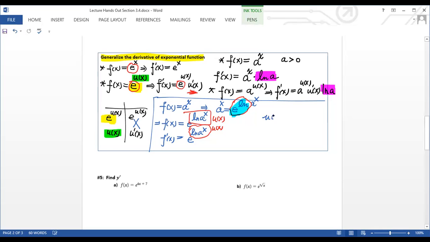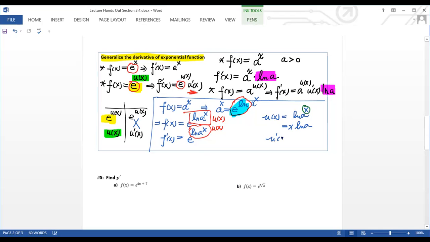So the u(x) here, we say is natural log a to the what? To the x. Then by the log rules, you can move these exponents to the front. So it will give you x times natural log a, right?